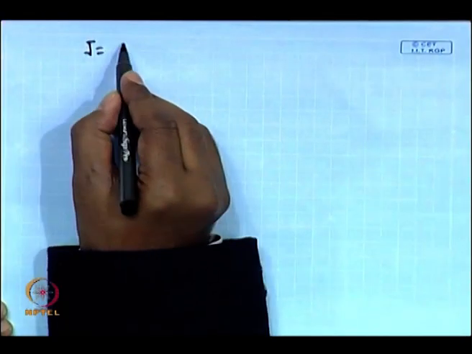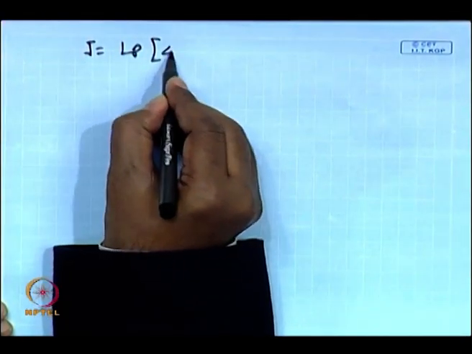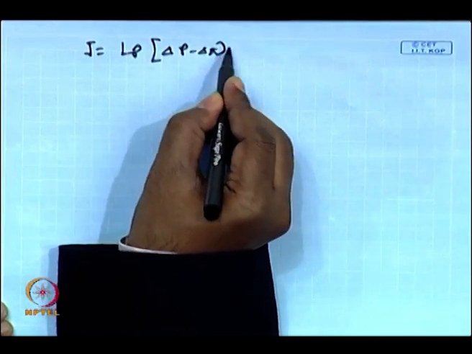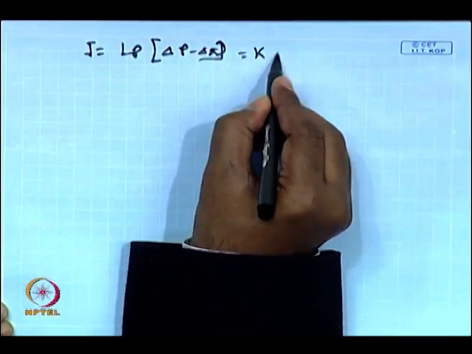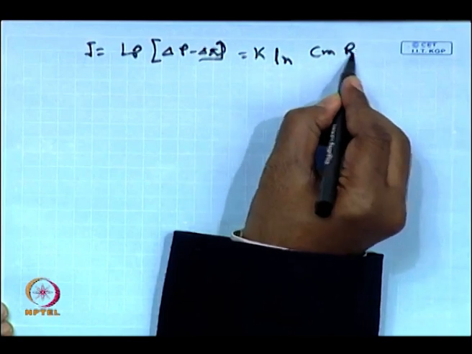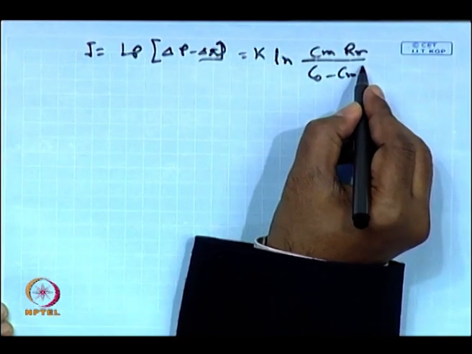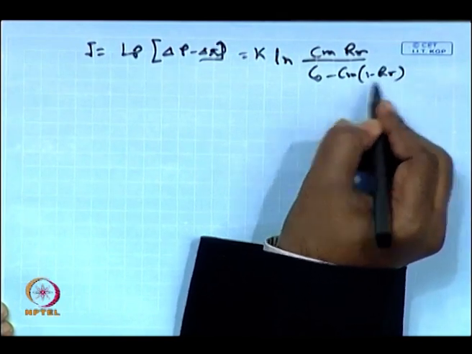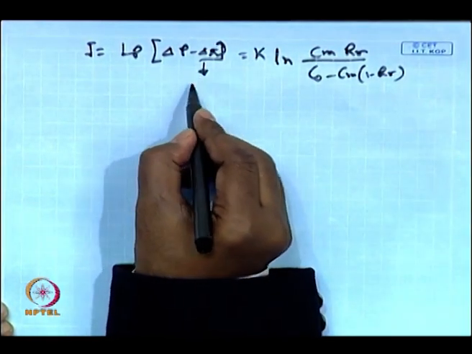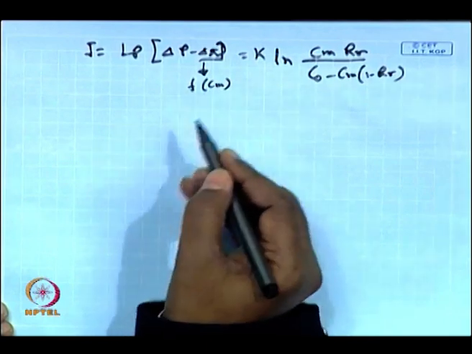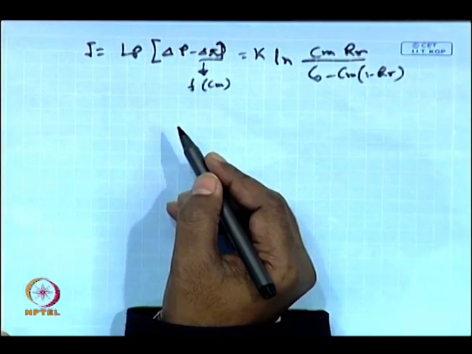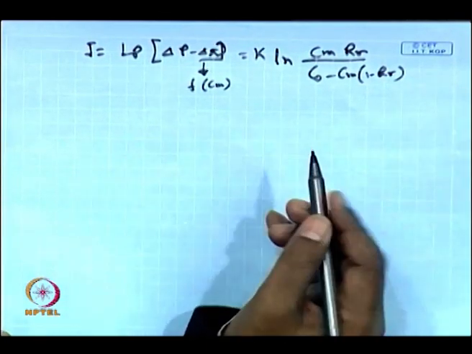Okay. So, J is equal to Lp delta p minus delta pi is equal to k ln Cm Rr divided by C naught into minus Cm 1 minus Rr, and delta pi is nothing but a function of Cm in terms of real retention and the coefficient and expression of the osmotic pressure.